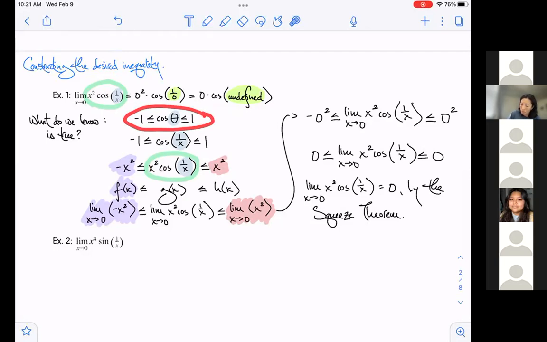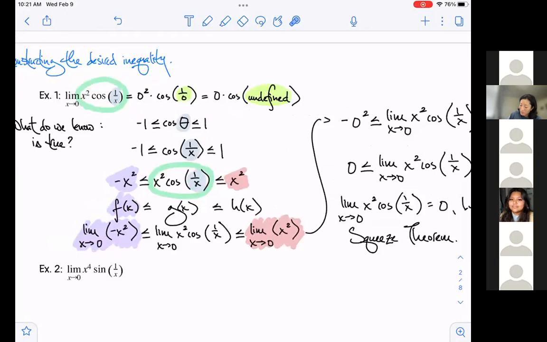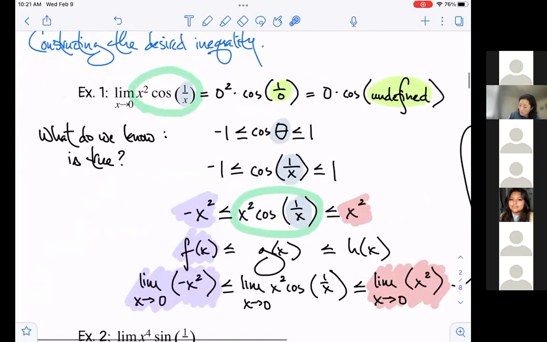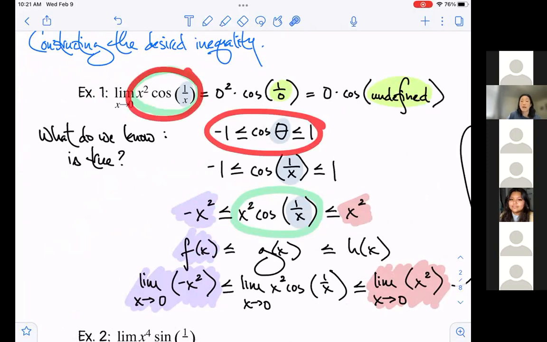And then we sort of construct the desired inequality. And all we mean by construct is that ultimately we want to make the thing we started with look like the question we're trying to answer. Okay, we want to take the thing we started with and construct it to be the same as the question. All right.